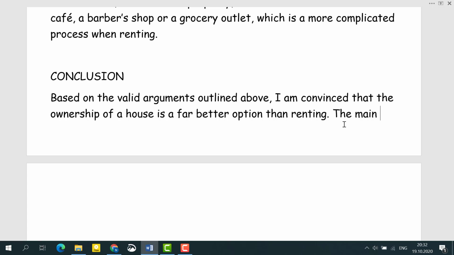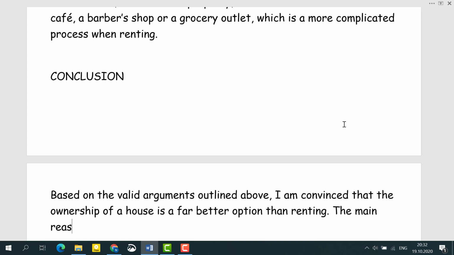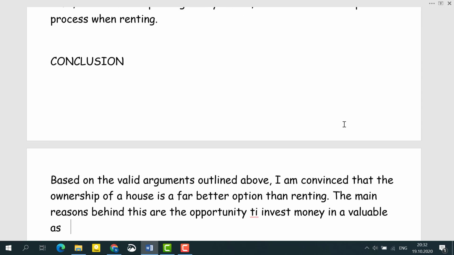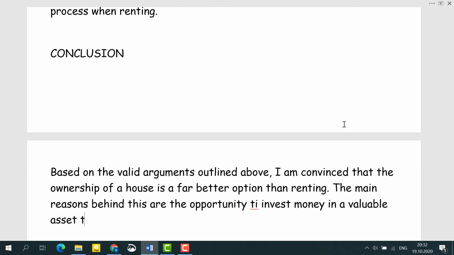The main reasons behind this are the opportunity to invest money in a valuable asset, and to make alterations if desired.